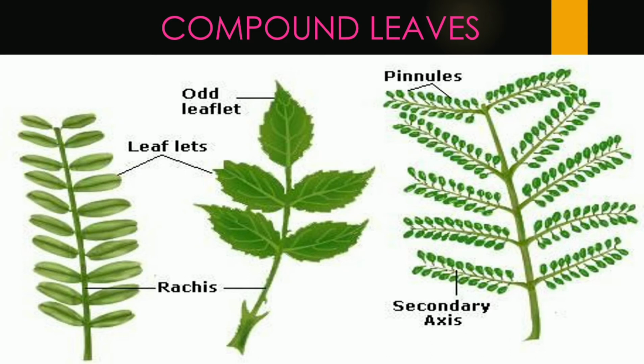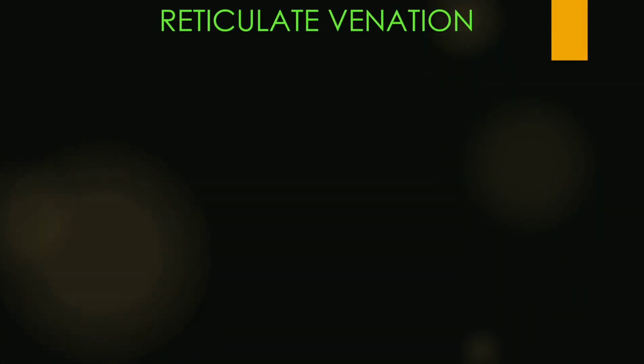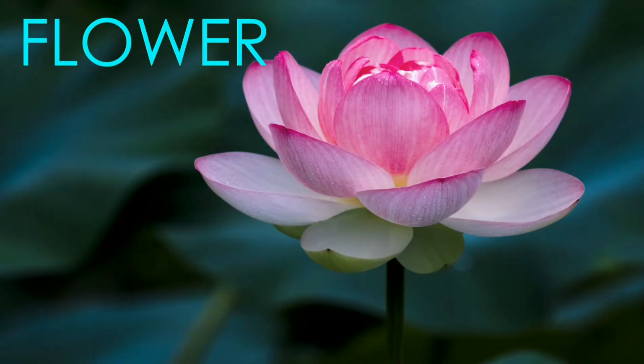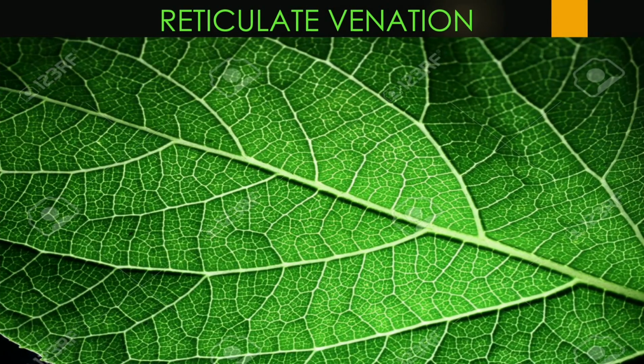Then we see leaf venation. The venation is of two kinds: reticulate venation, where there is a single midvein in the middle line of the leaf blade.